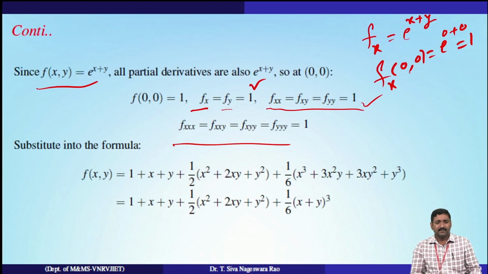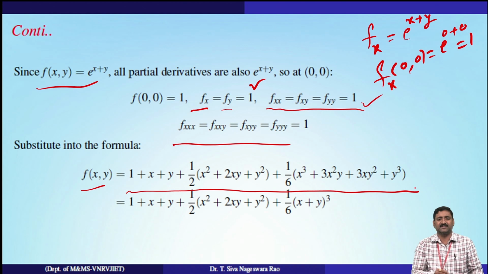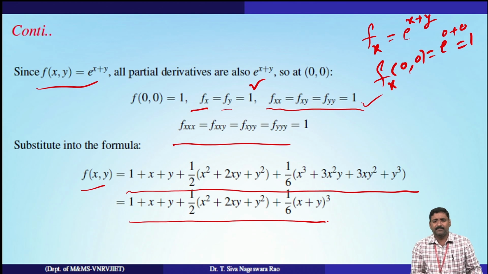You will get f of x comma y is equal to this expansion. Now simplify these terms, you will get the final answer. So this is how we express the given function e power x plus y as a series of terms, like powers of x and y, and product terms.